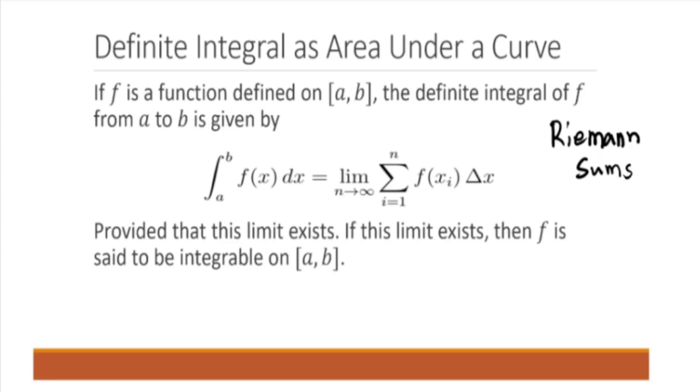wherein we're using rectangular strips. Now, if you have the time, you can research on this method further because there are different approaches to it. There's the left endpoint, there's the right endpoint, but in particular, what we discussed here is the general method.